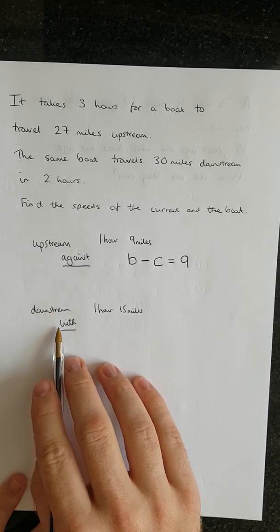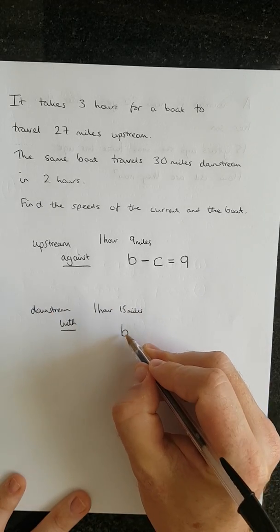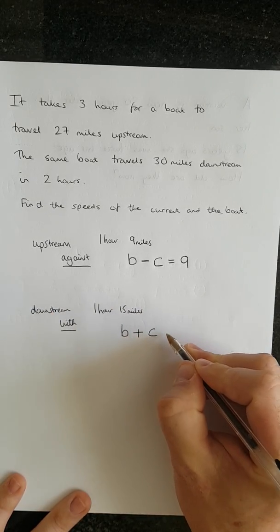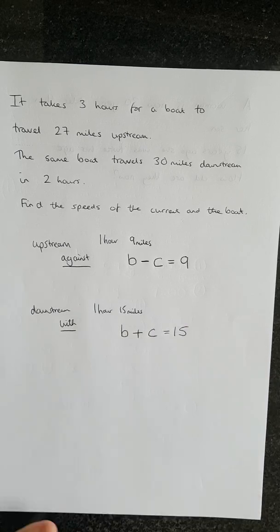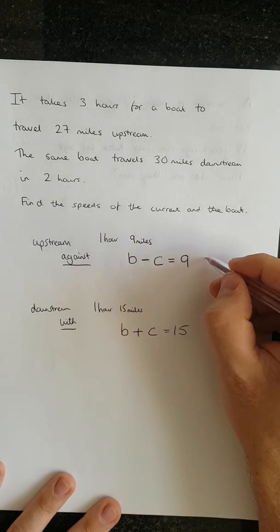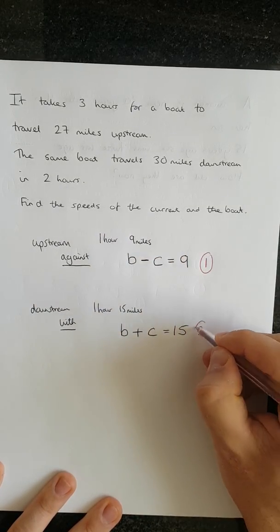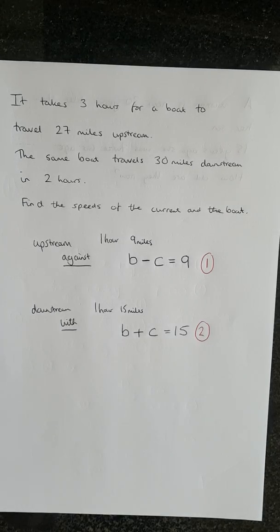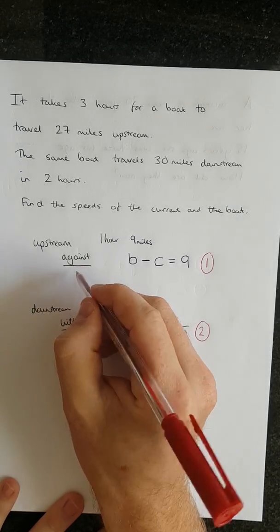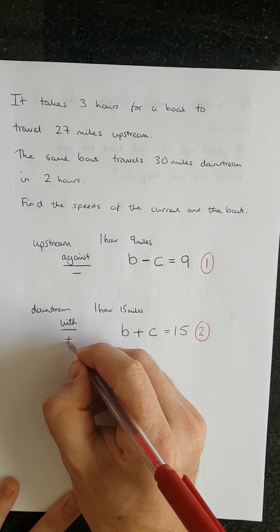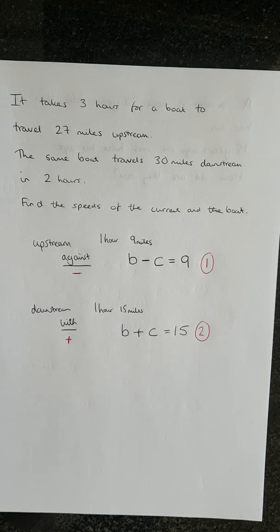When it's downstream with it, the speed of the boat, add the current, makes it 15. That's equation 1, and that's equation 2. So upstream against is subtract, and with is add.